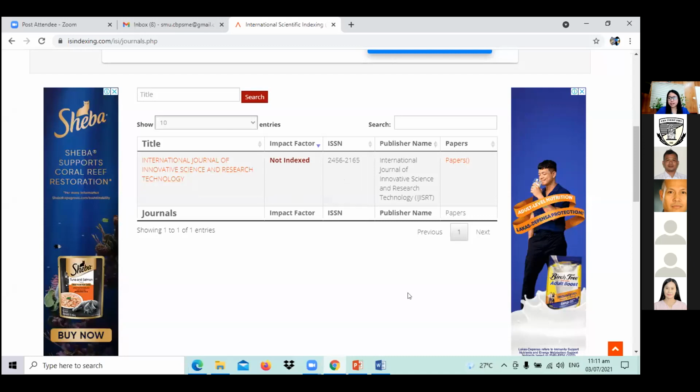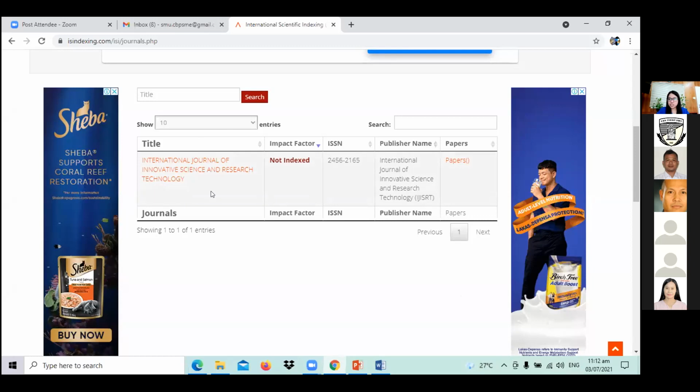So the student asked about the journal because his paper was accepted for publication, and he needs to pay a minimal amount. It's not that high, it's a minimal amount. And he asked me about this. We discovered that it is not indexed.